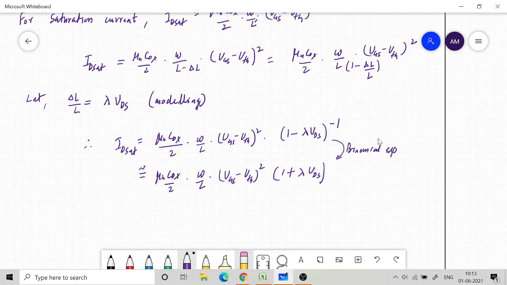I hope you are familiar with binomial expansion from mathematics, from class 11 I think.